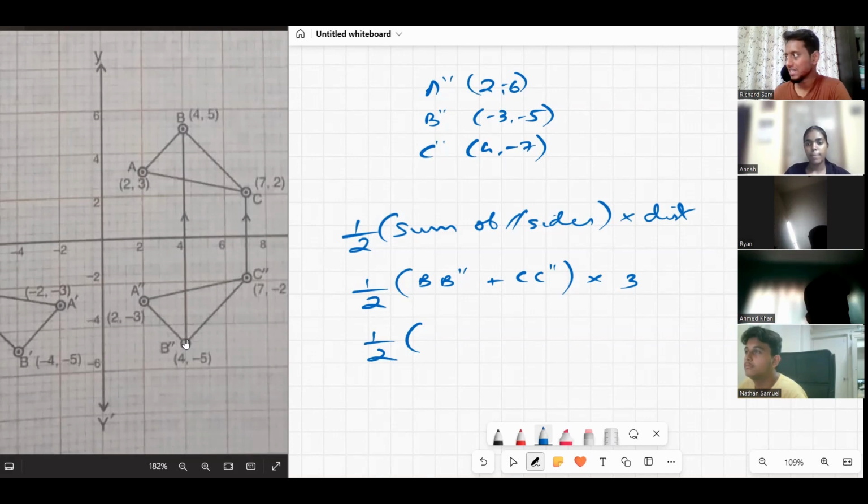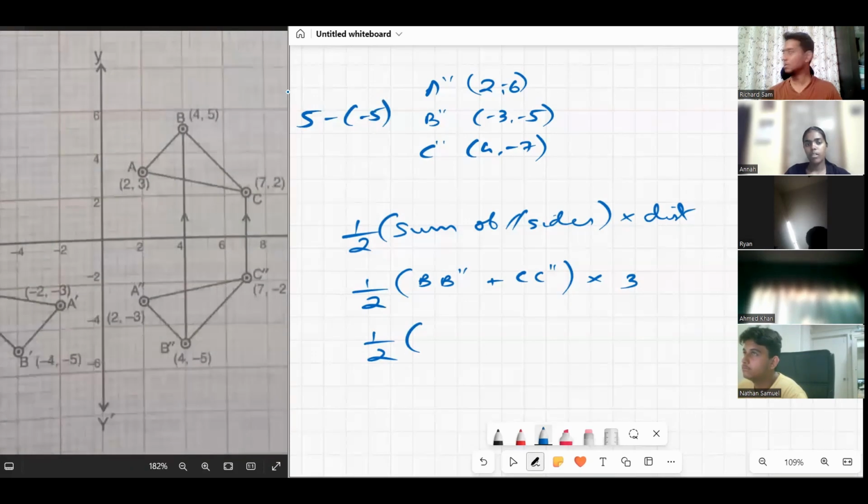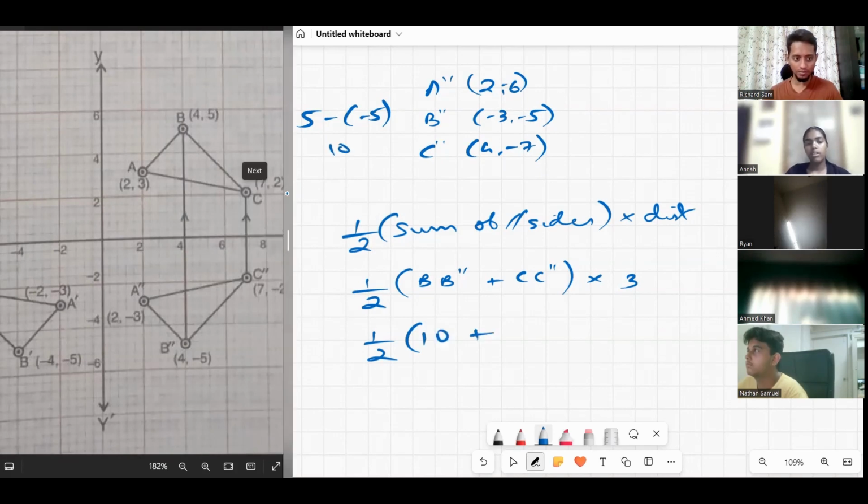If you're still not getting 10, you just have to do the big number minus the small number. What's the big number here? 5. And the small number is minus 5. So 5 minus minus 5, big number minus small number, so 5 plus 5 you'll get 10. Okay, so that is B, B double dash. Plus, what is C, C double dash?